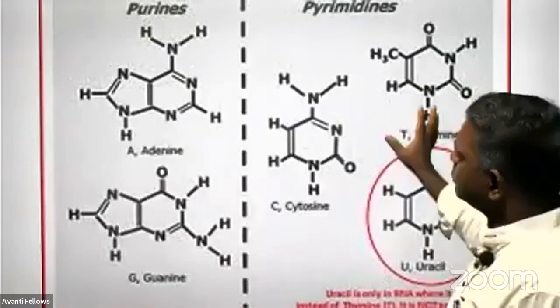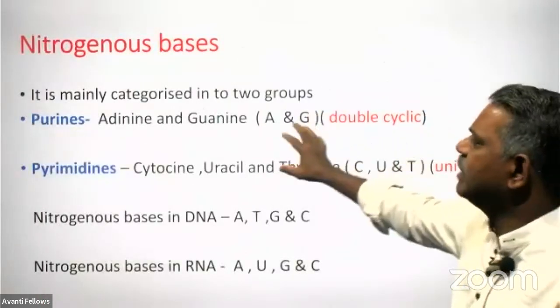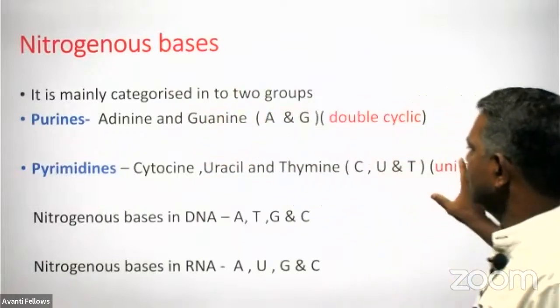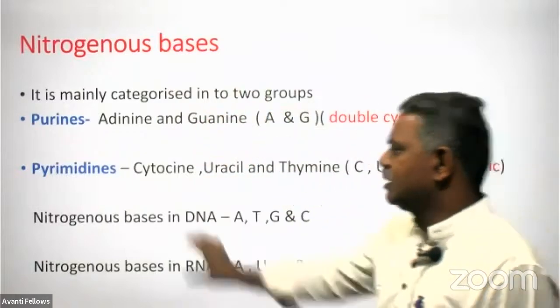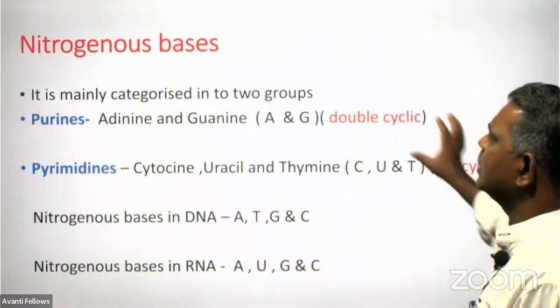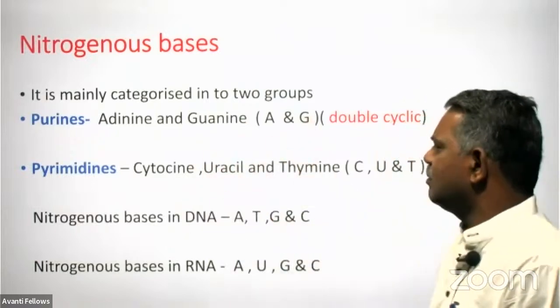So these are the two types of nitrogenous bases. One is purine. It includes what? Adenine and guanine, which are double cyclic. Another one is pyrimidine, and it consists of only unicyclic nitrogenous bases: cytosine, uracil, and thymine.